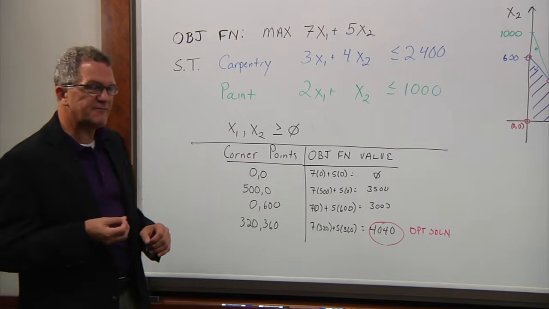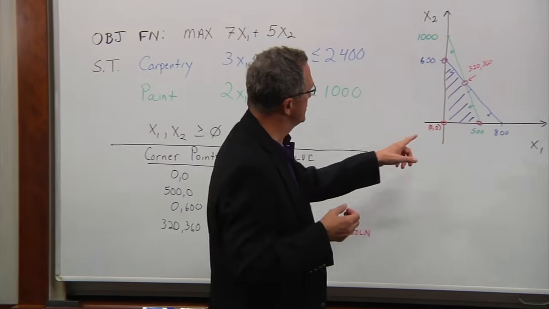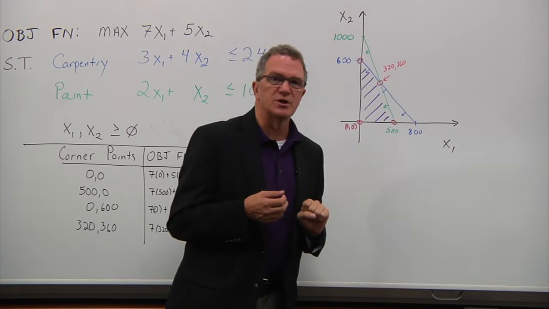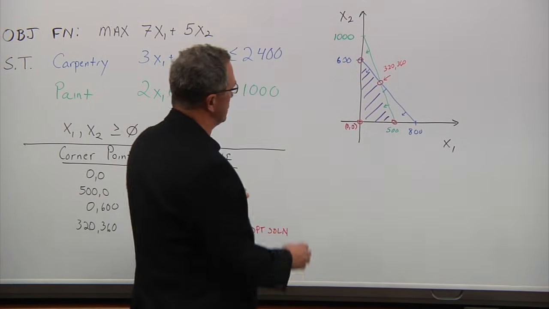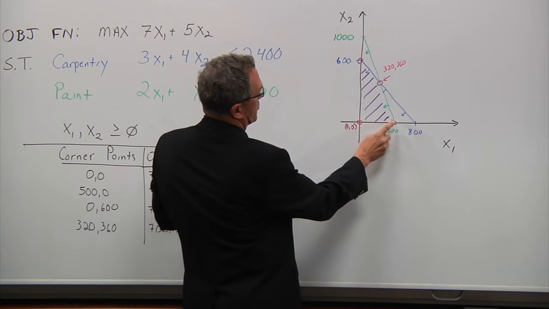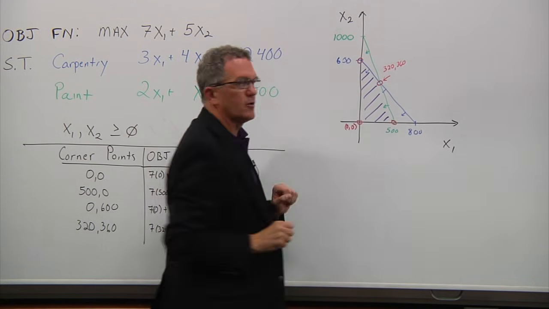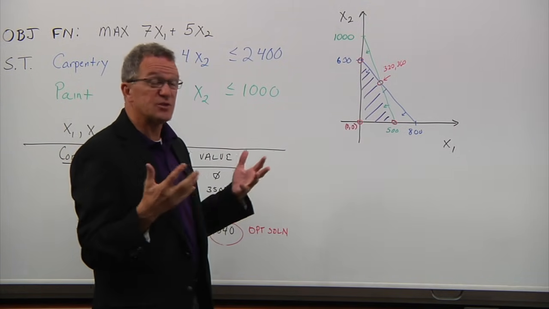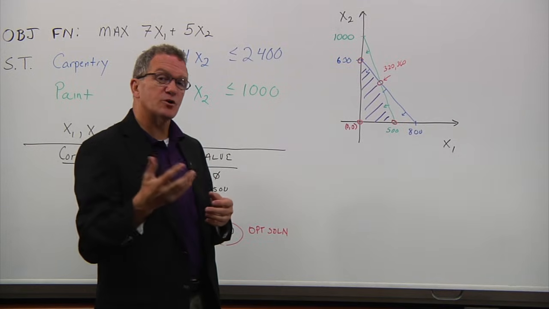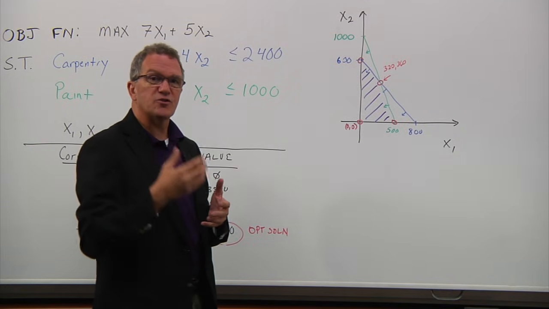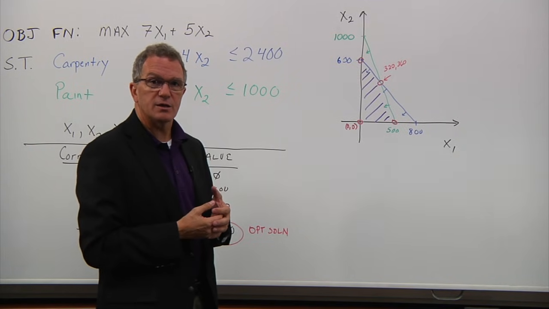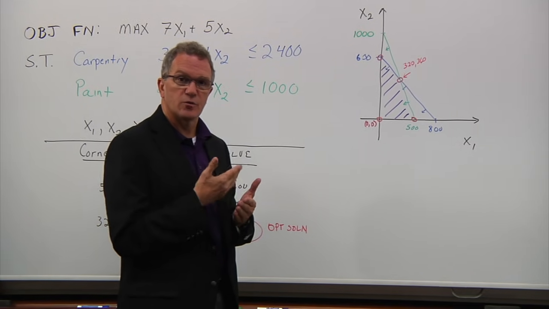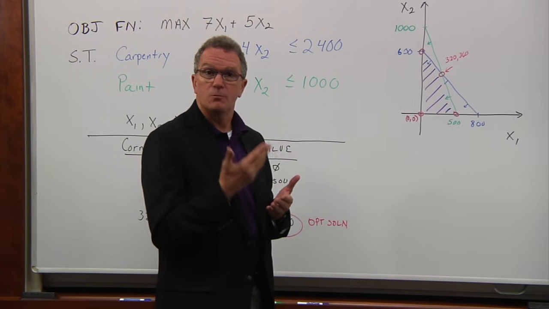Let's go back to our graph for a minute. We know that our solution will be at one of the corner points that defines our feasible region. Now, why will it be the corner point? Well, remember, the corner points are where two constraints come together, where I have maximized at least two of my constraints. The more of your constraints you use, the more of your resources you use, the more money you'll make.